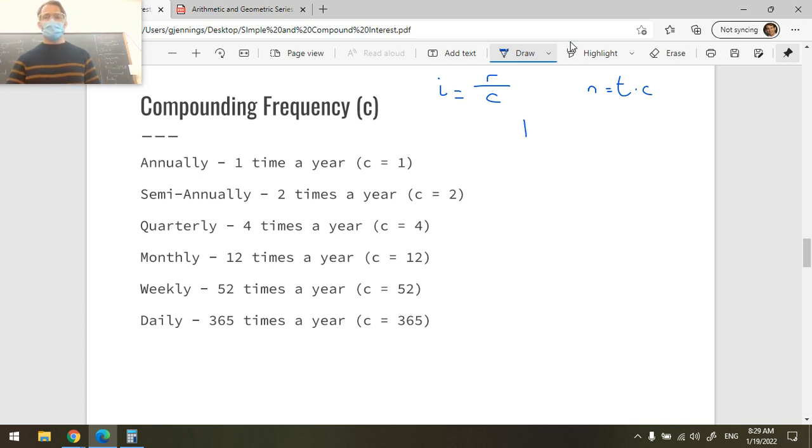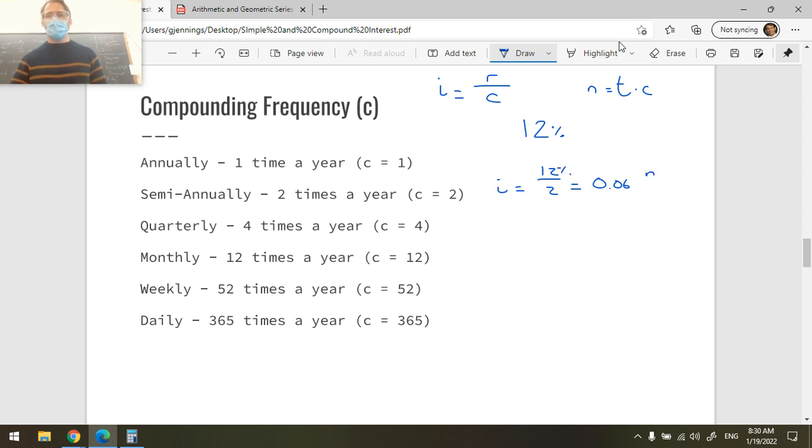So for example, let's do 10%. That's fine. We could do 12% as well. Now let's do 12%, because 12% is going to give us nicer numbers. If we look at 12% interest, what I and what N is that going to produce with semi-annually? Here I would be equal to 12 divided by 2, and that would be equal to 0.06.